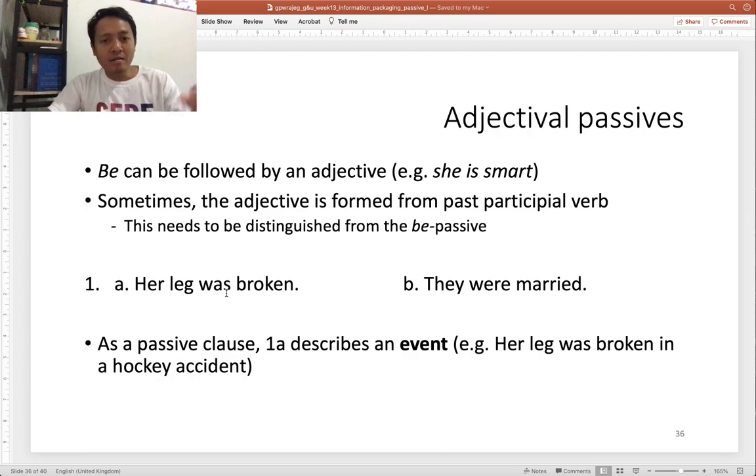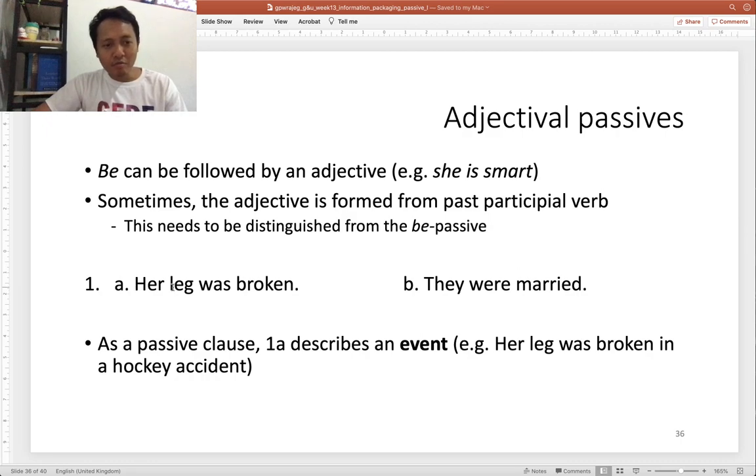Whenever you have a past participle verb following a form of be, there will be two possible interpretations: the genuine be passive interpretation, or the adjectival passive interpretation.